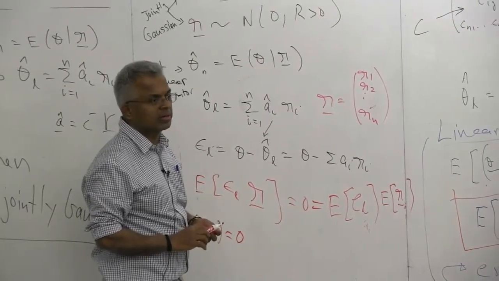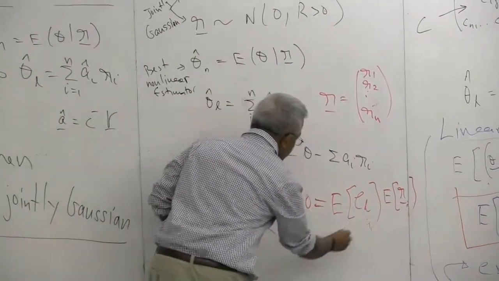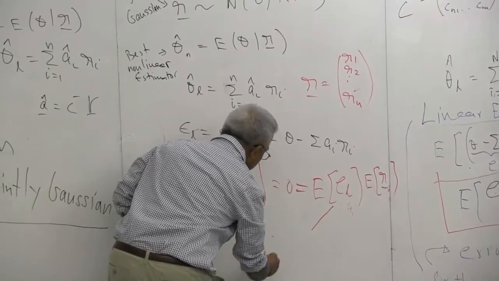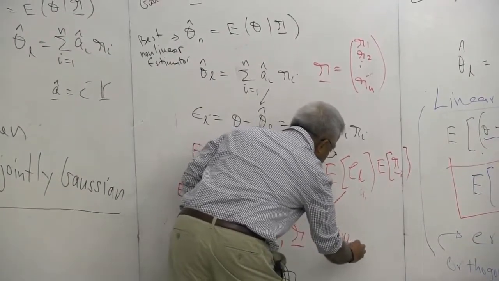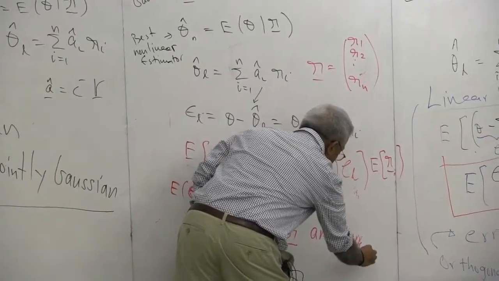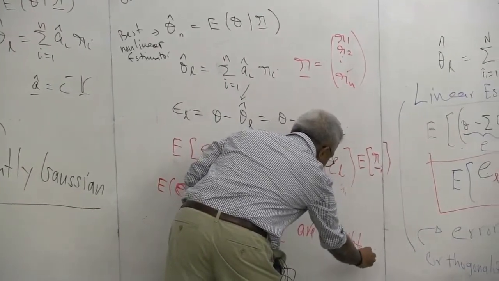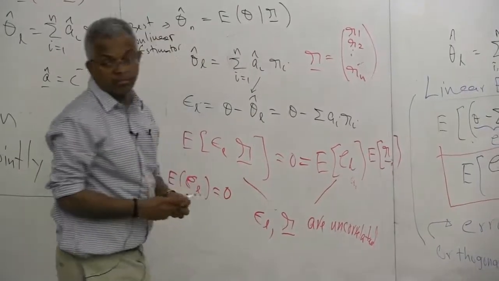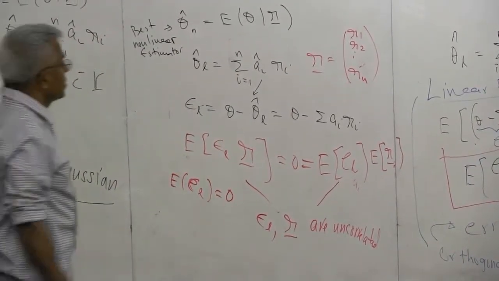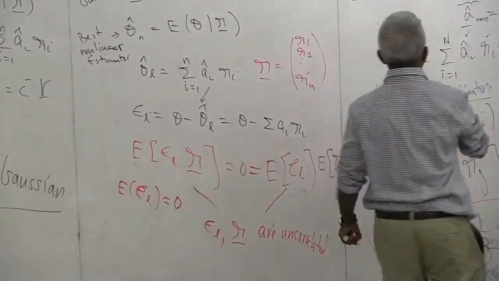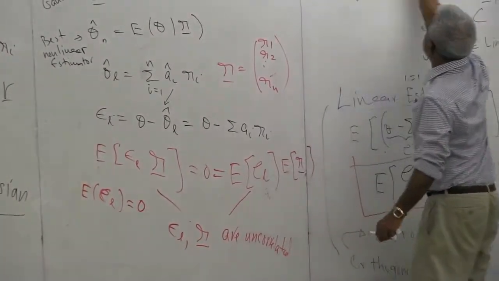So this means epsilon L and all the data vectors are uncorrelated. But as you said, they are also independent.